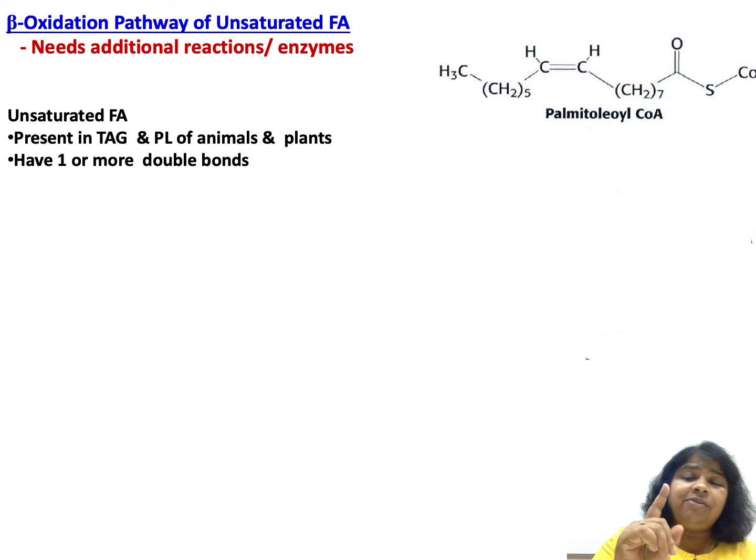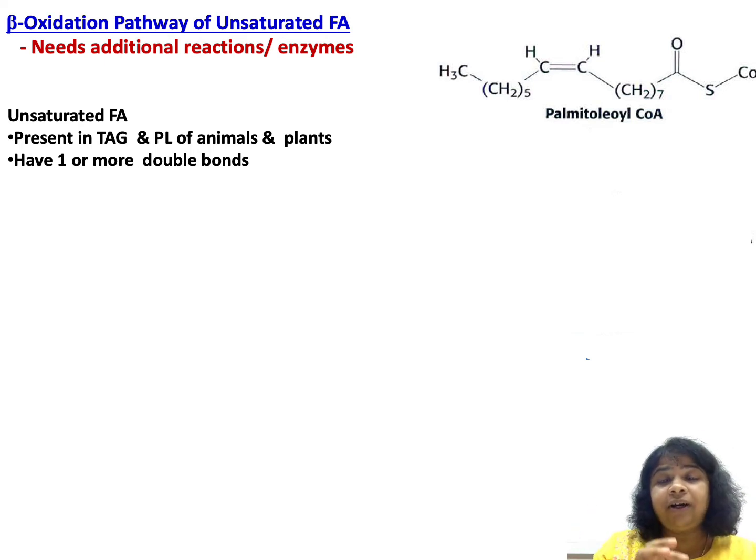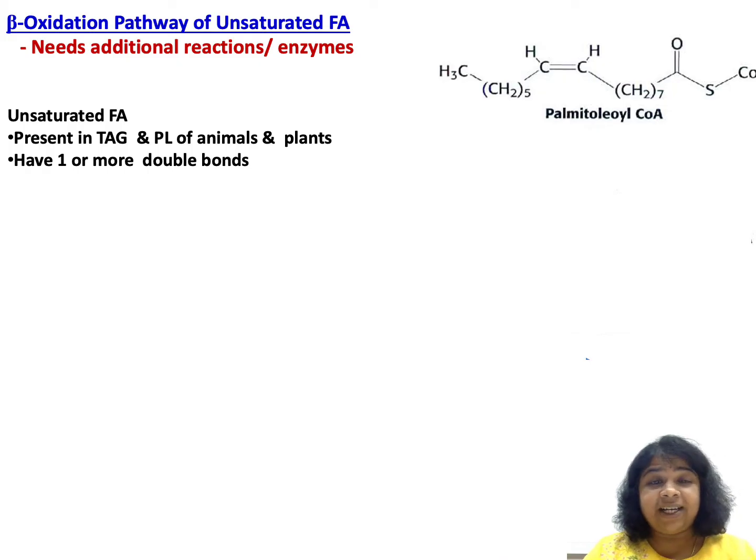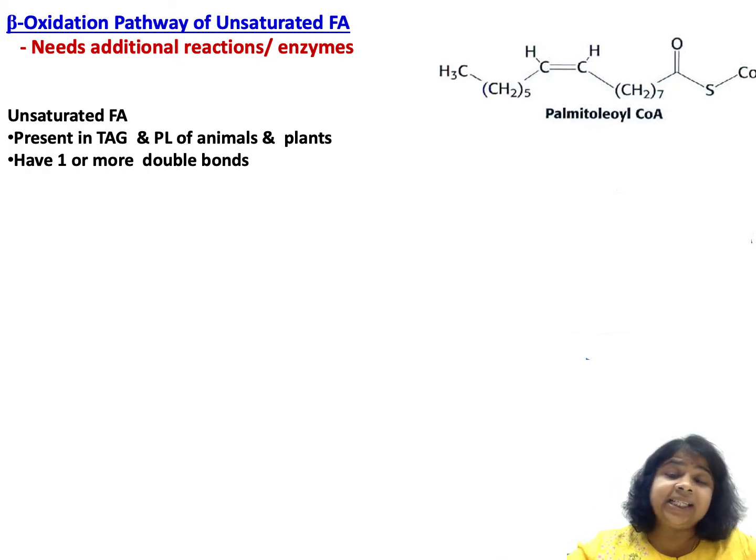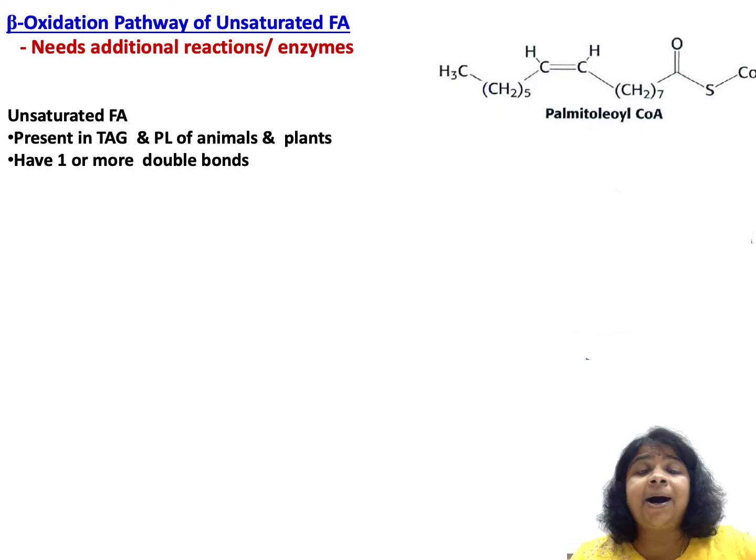So one small slide for beta oxidation for unsaturated fatty acids. If you look at the same palmitoyl CoA, the unsaturated form is palmitoleoyl CoA, where there is a double bond here, and this is a cis bond, not a trans double bond.